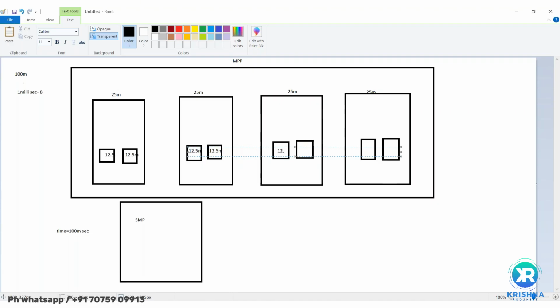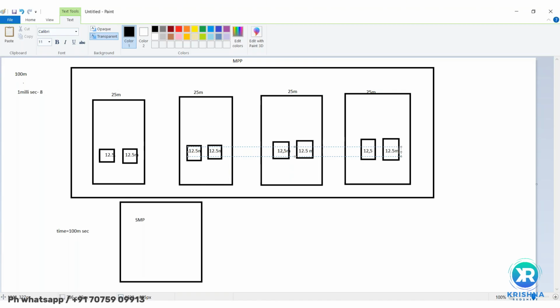Similarly, it also has 12.5, it also has 12.5. So like that, all your 100 million records are distributed to 4 nodes, I mean, actually 8 slices.